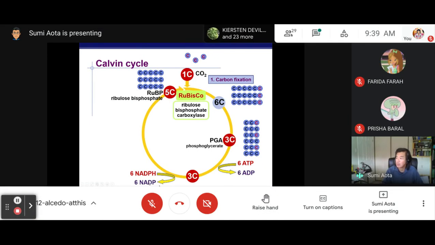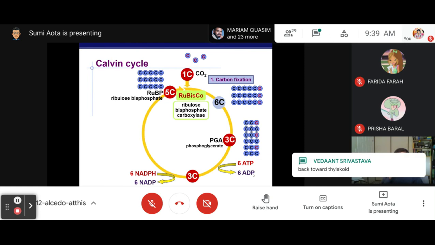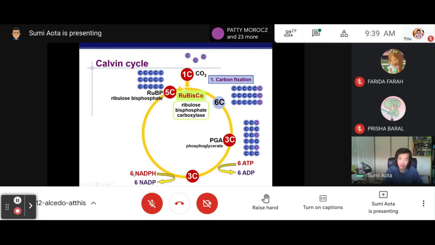What's going to happen to the NADP and the ADPs? What are they going to do? Yeah, they're going to go back to the light reaction to generate more ATP and NADPH. Now, what's happened here, we're going to a new 3-carbon molecule. This is the reduction step, right?